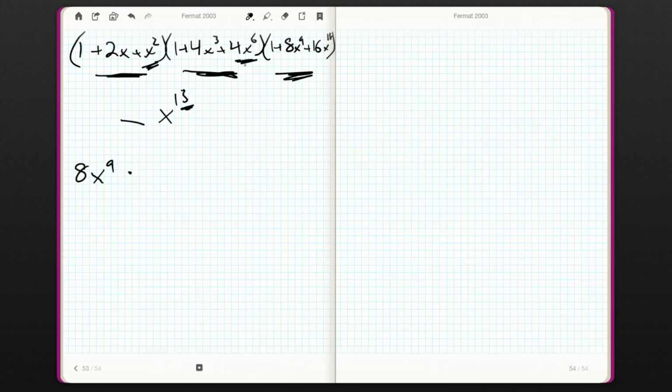If I use x to the 6, no, that's not going to work. If I use the 1, that's not going to work either, because at best I could use this x squared again. So I've got to have 4x cubed here. Once I've got that chosen, I have x left to choose. It's got to be this guy right here, 2x.